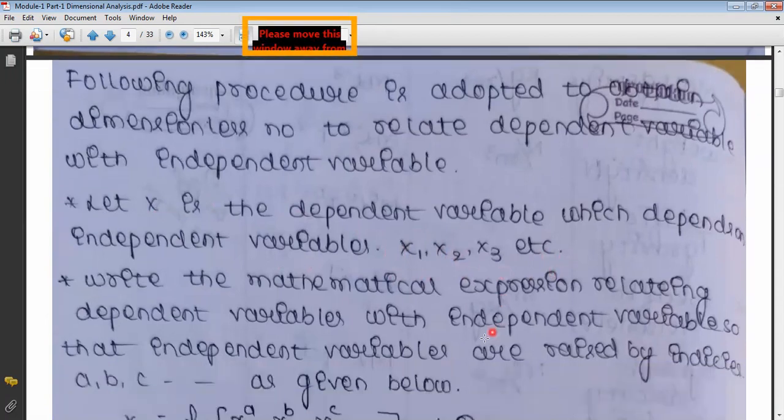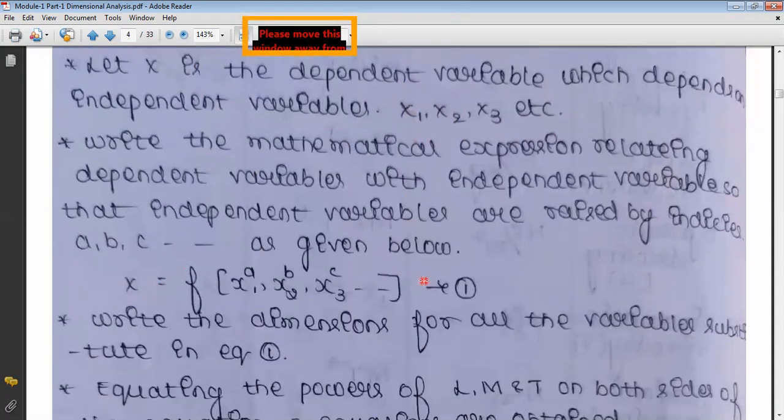Then you have to relate the dependent and independent variables in the form of an equation, that is, the dependent variable is equal to a function of x1 to the power of a, x2 to the power of b, x3 to the power of c. So here the dependent variable is equal to a function of x1, x2, x3, the independent variables.